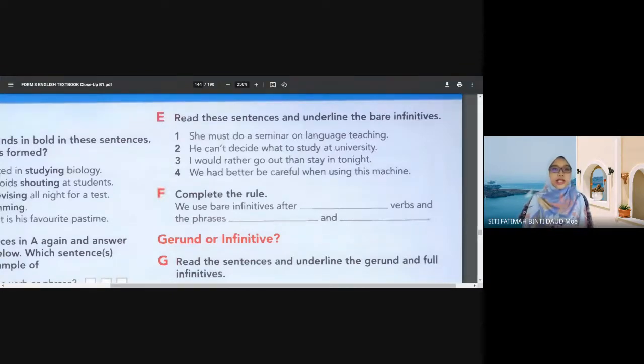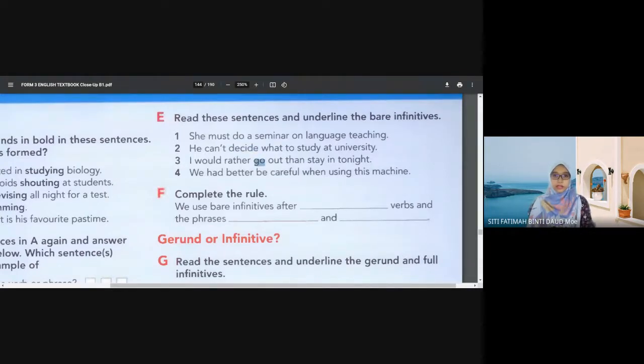Okay, so number 2, he can't decide what to study at university. So which word? Cannot. He cannot decide. So decide. Just now, do. Second one, decide. I would rather go out than stay in tonight. What's the word? I would. This is the one that we learn about preference, I would rather go.